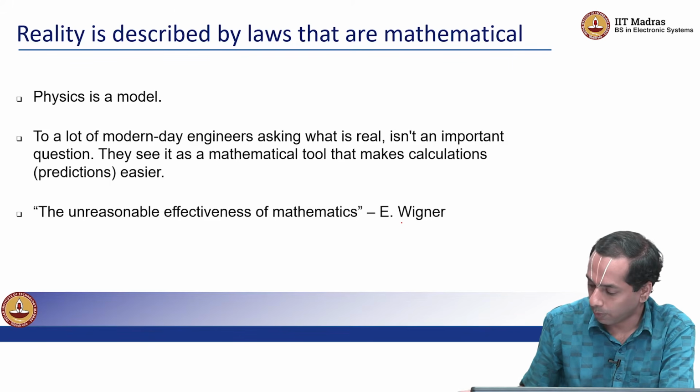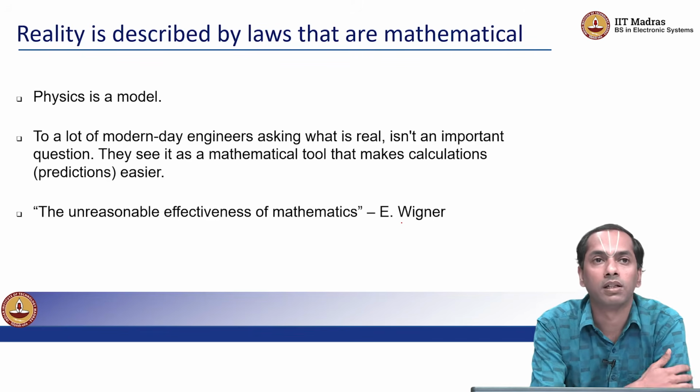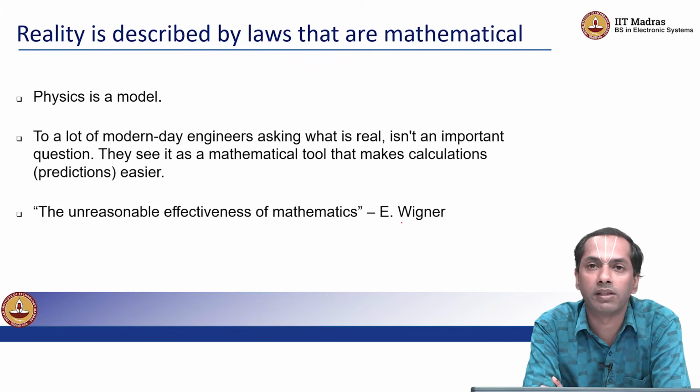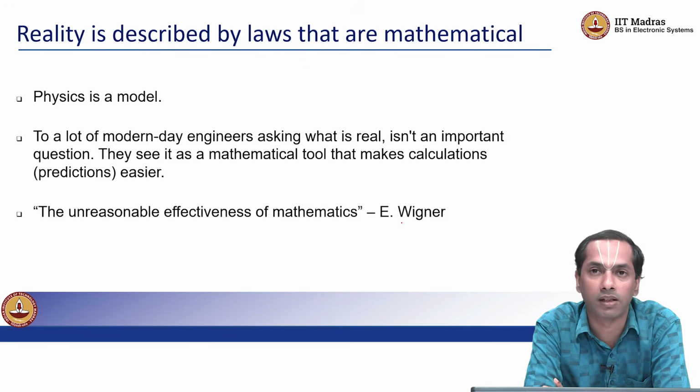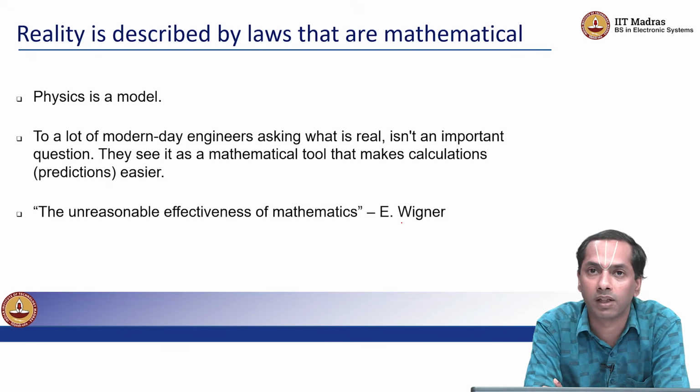So, this is a point where I want to remind you that reality seems to be described by laws that are mathematical. So, mathematics is inevitable in understanding a lot of the concepts that I have gone across before.